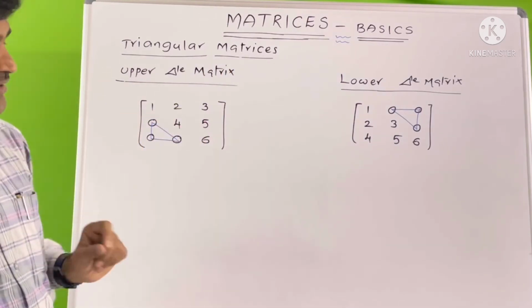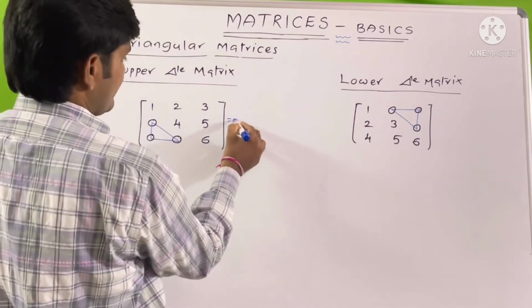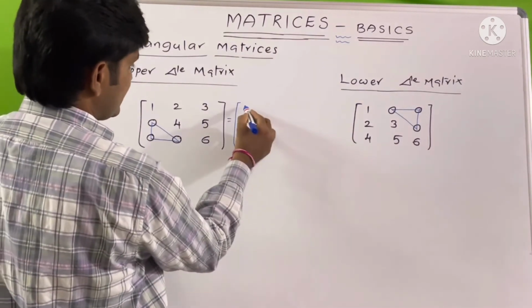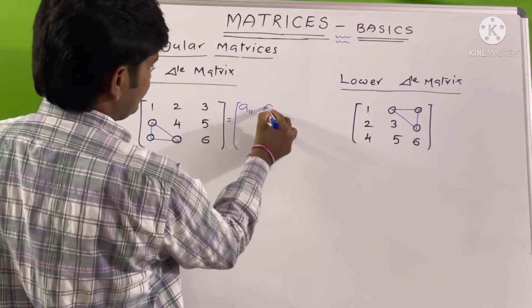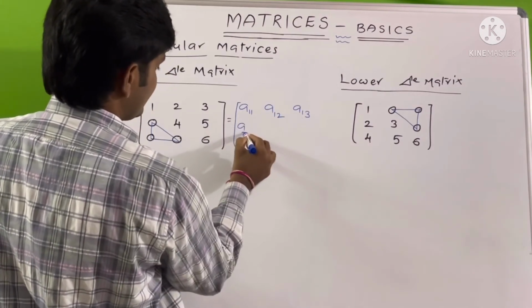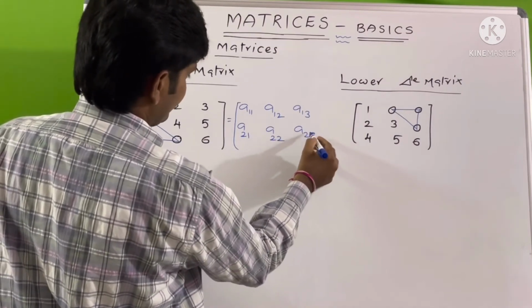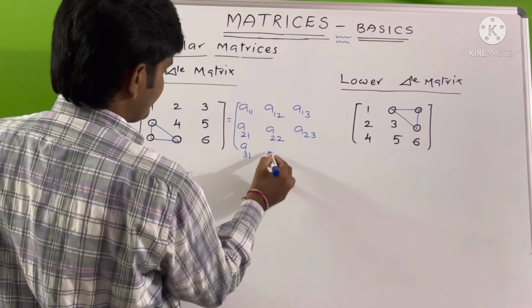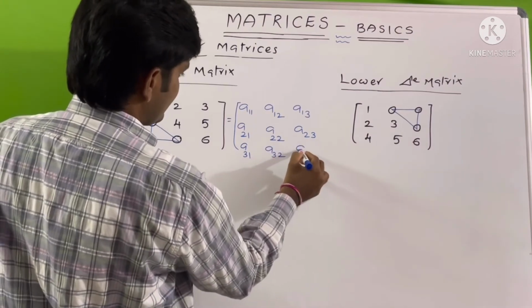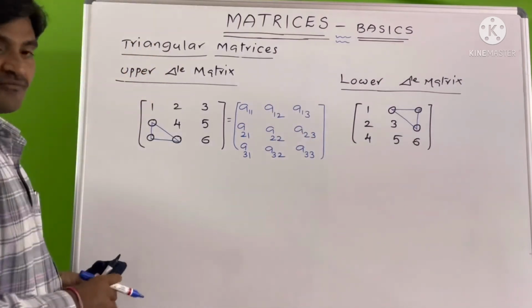Now the formula applying concept. A11, A12, A13, A21, A22, A23, A31, A32, A33. So this is a matrix.